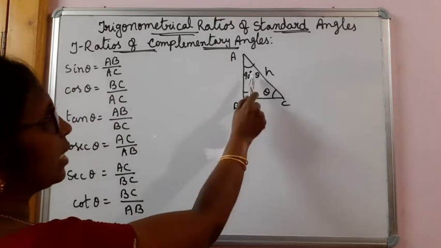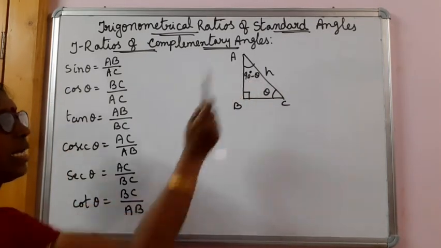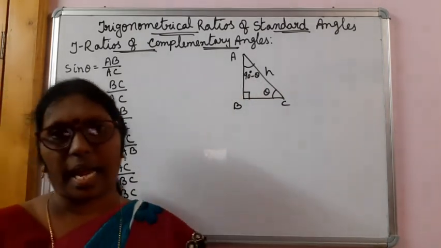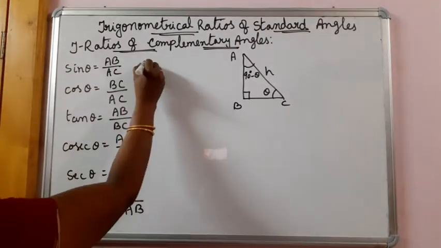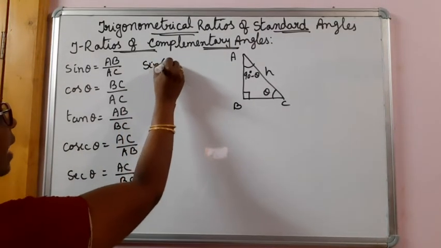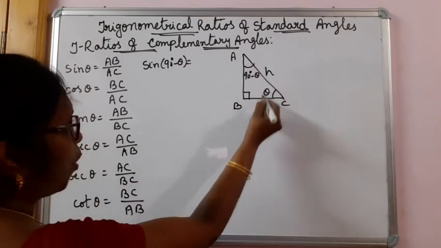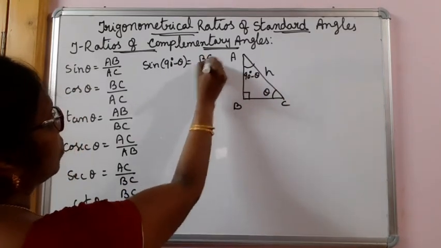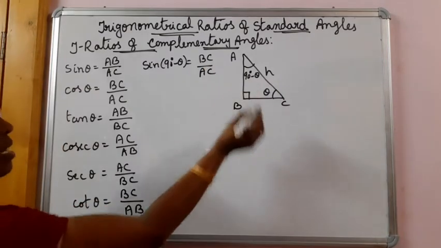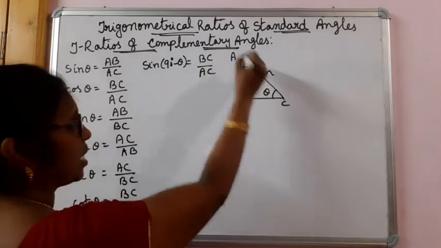In the same way, let us find the T ratios for the angle 90 minus theta. Sin of 90 degrees minus theta is the opposite side BC by hypotenuse AC. Sin of the angle is opposite side by hypotenuse.